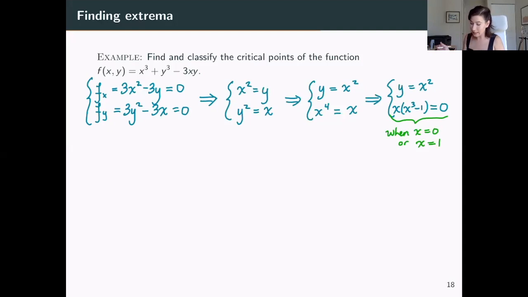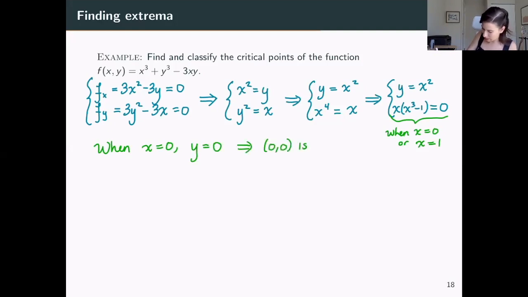When x is equal to 0, we have that y is equal to 0. And so the point (0, 0) is a critical point.